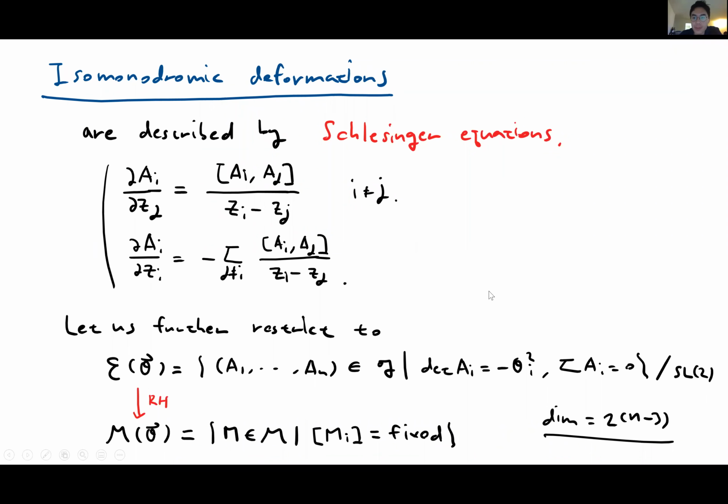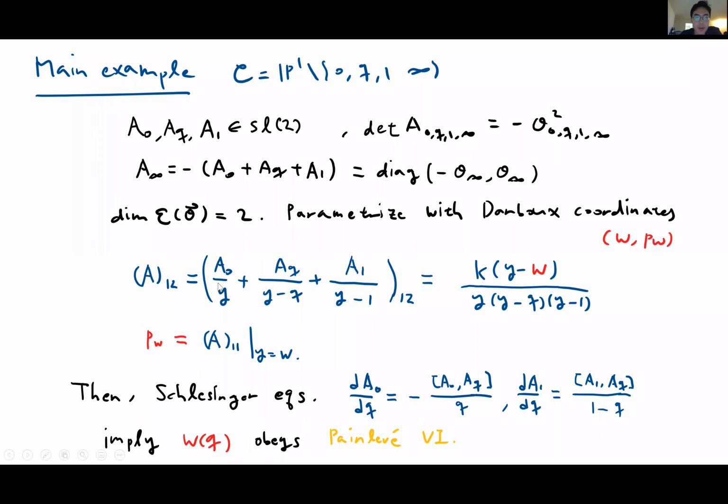So for the main example, the 4-puncture sphere, we have 3 SL2-valued matrices. As I just told you, the eigenvalues are fixed, so the determinant is minus theta squared. And we fix the gauge so that A infinity is a diagonal matrix. And as I just told you, the dimension is 2.